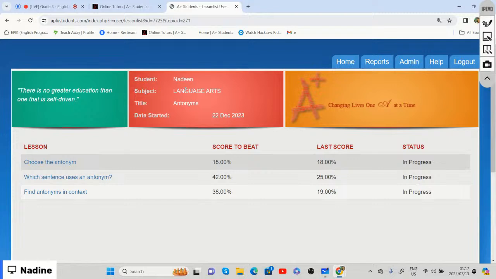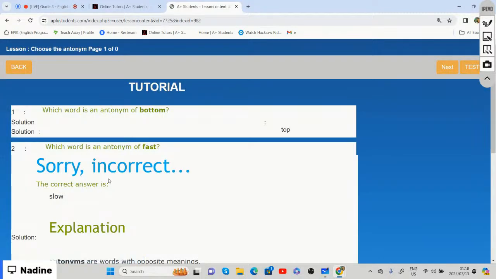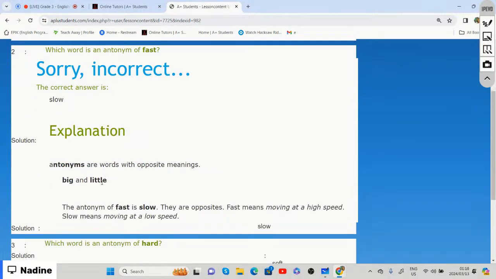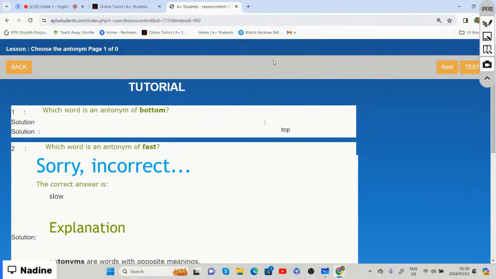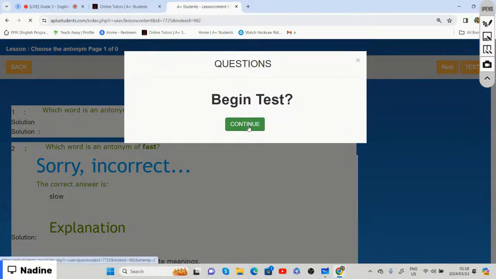So we're not going to go over all the antonyms again, because we literally just went over all the antonyms where we had to give a few antonyms and say the opposites of one another, or words with opposite meaning, right? So now we're going to go straight to our test.